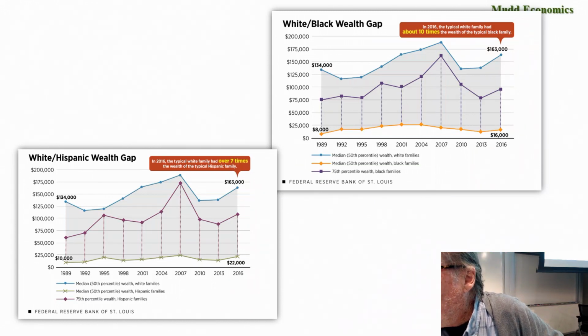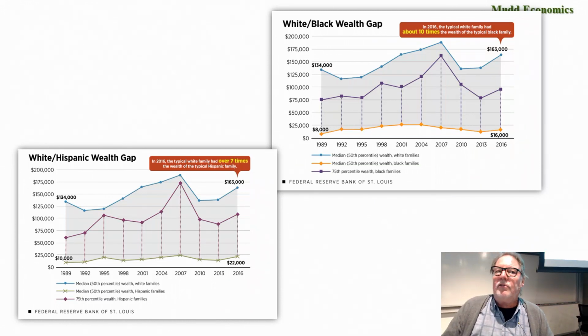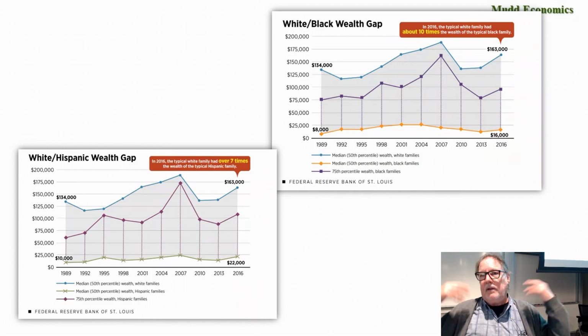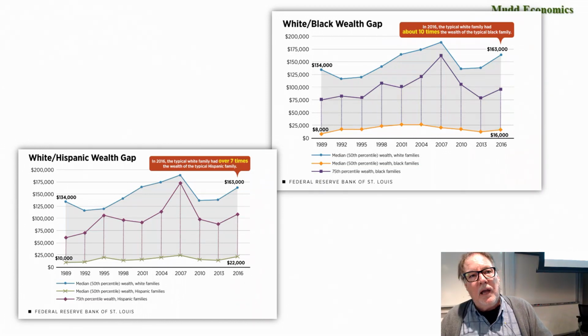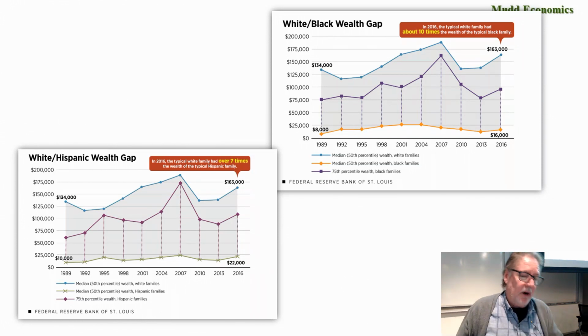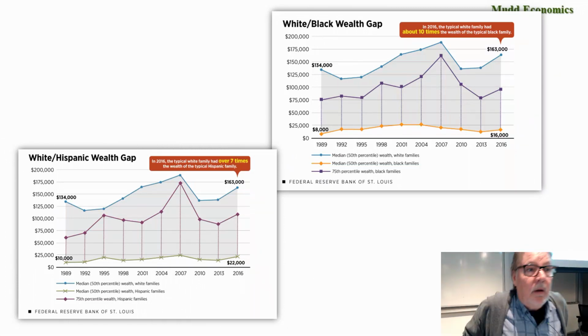And again, the 75th was approaching at least the median in 2007, as the economy went through the big buildup that was real estate finance, and then it just completely collapsed, and once again wiped out that spread. And so, of course, if in an election campaign you rely upon or want to count on Hispanic voters or black voters, this is going to be a big deal on potentially how they vote.